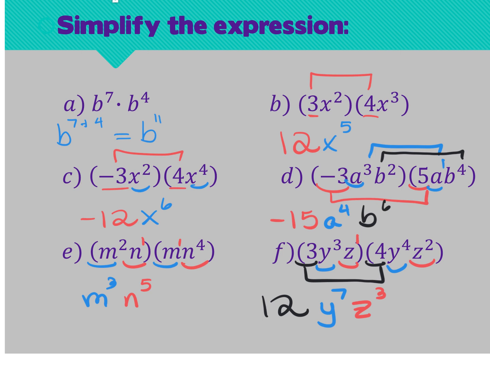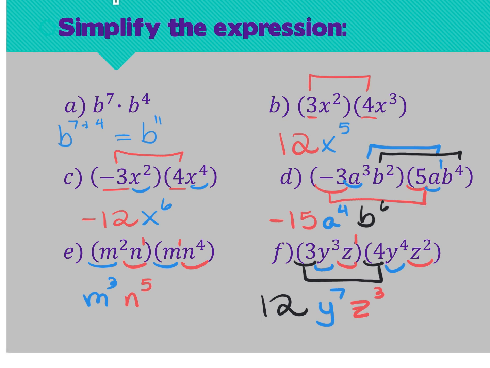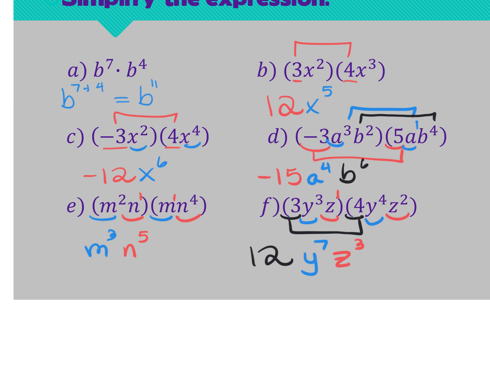Generally, when I've got more than one letter in my answer, I always like to try to write my answers alphabetically. Technically, this answer could also be 12z to the 3rd, y to the 7th. I like to consistently, whenever I'm trying to combine like terms or multiply or add, and I've got more than one variable going on, I always like to put them alphabetically.